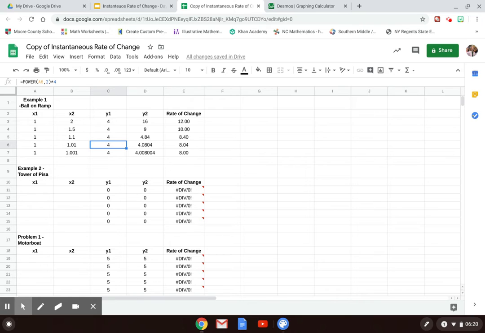So what I need to do next is to write the equation of the tangent line, because I cannot graph the tangent line without having an equation for it. So I use my point slope formula, which is y minus y1 equals m times x minus x1. Okay, so I already know my slope is 8.